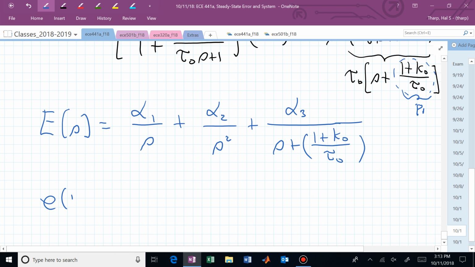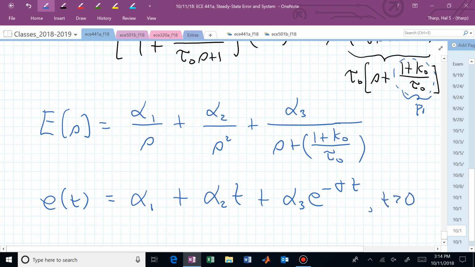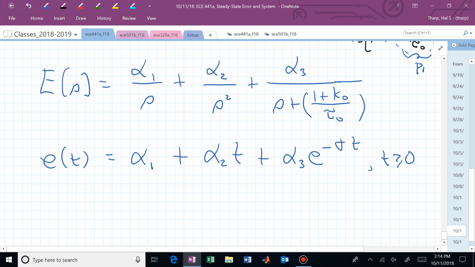And hopefully you remember how to inverse Laplace transform this. Alpha 1 over s in the time domain is just a constant alpha 1. The alpha 2 over s squared is now alpha 2 t, and this alpha 3 scales the exponential piece, where the exponential sigma is related to our pole location.